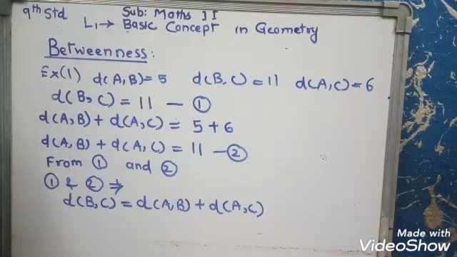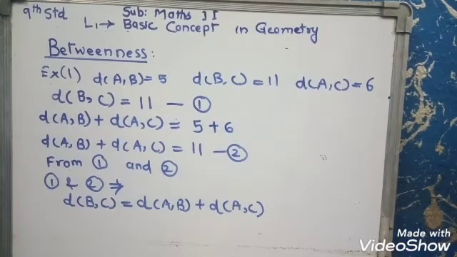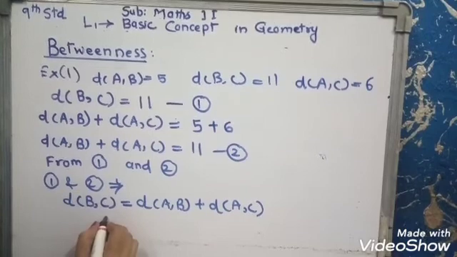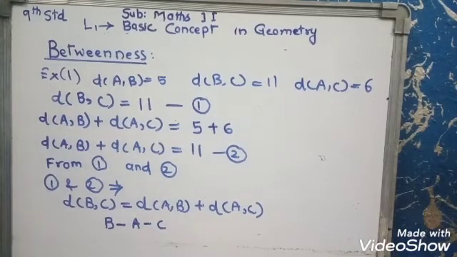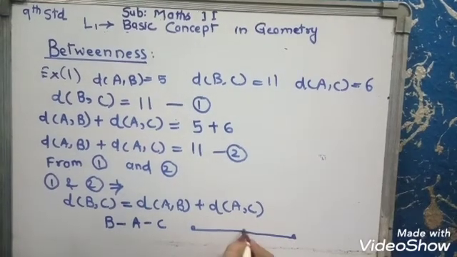The condition for betweenness exists, and we write this condition as point B-A-C. This means that point A is between the two points B and C.